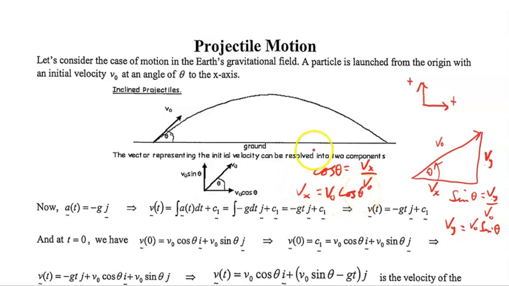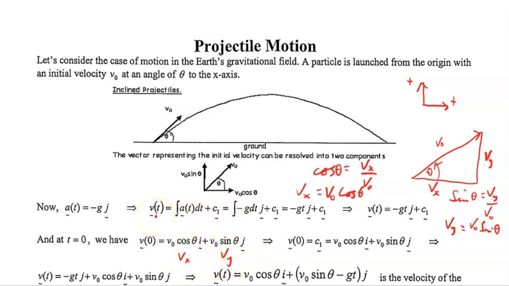Now our initial velocity vector at t equals 0, v of 0, will be v0 cos theta, that's the velocity in the horizontal direction, plus v0 sine theta, that's the velocity in the vertical direction, so Vx and Vy.